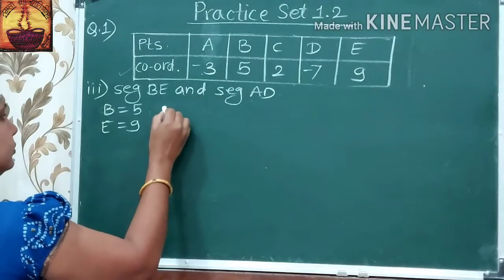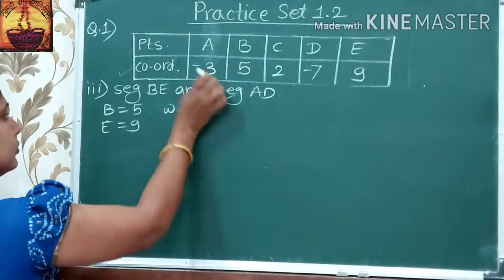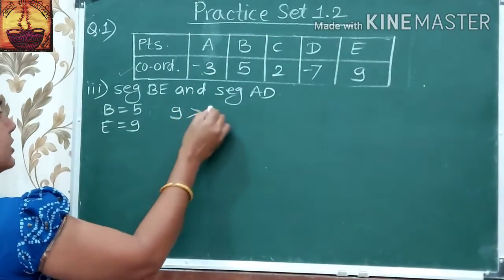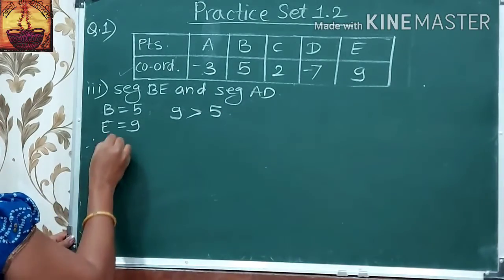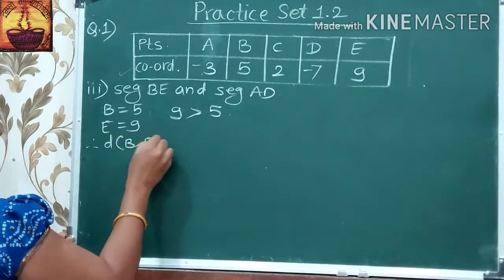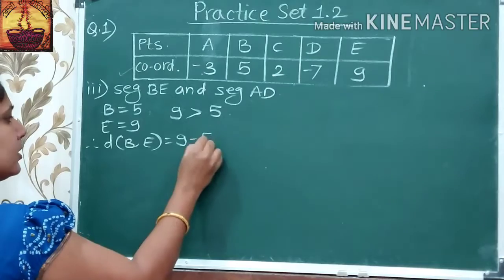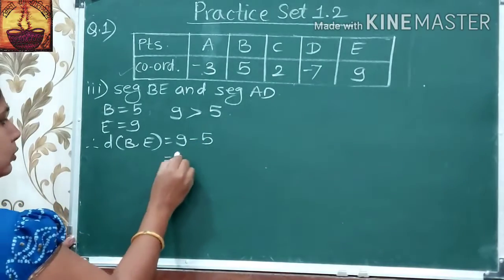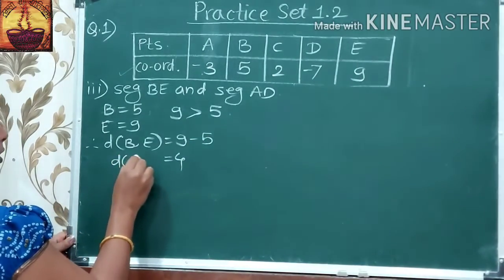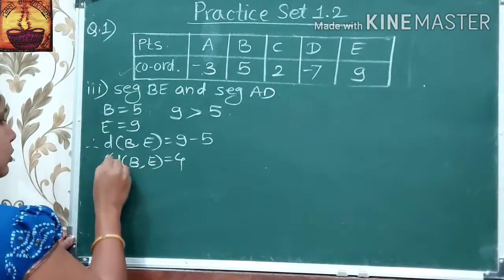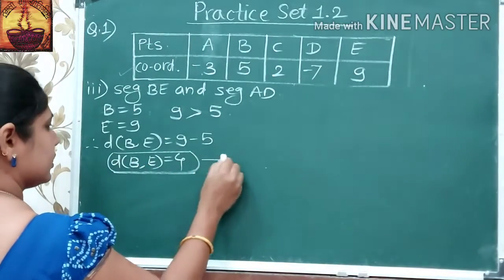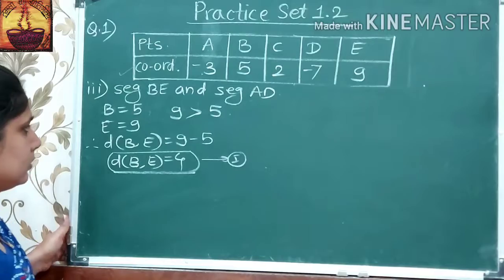We know that 9 is greater than 5. Therefore, distance BE is equal to 9 minus 5 is equal to 4. Distance BE is equal to 4. Let us consider it as number 1.